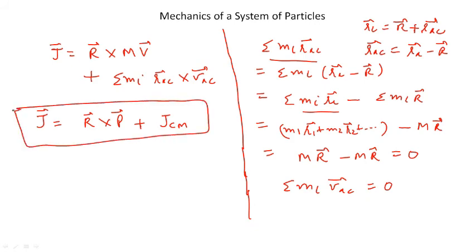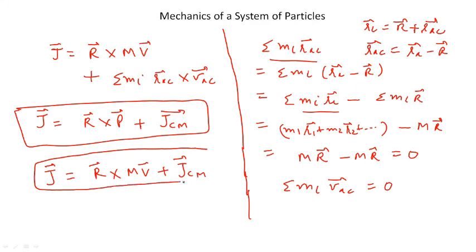So here we have proved that the total angular momentum of a system of particles is equal to R cross P plus J_CM. Sometimes it is written as R cross P, where P is equal to MV, plus J_CM. This is a very important relation.